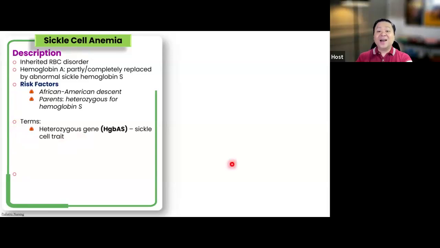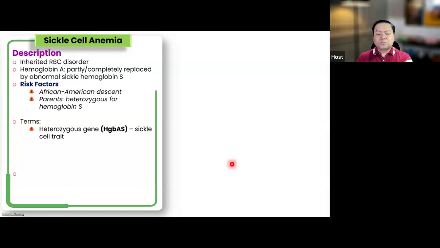The child inherits one normal hemoglobin gene from one parent, and also inherits one abnormal hemoglobin gene known as HGBS from the other parent, the carrier parent.